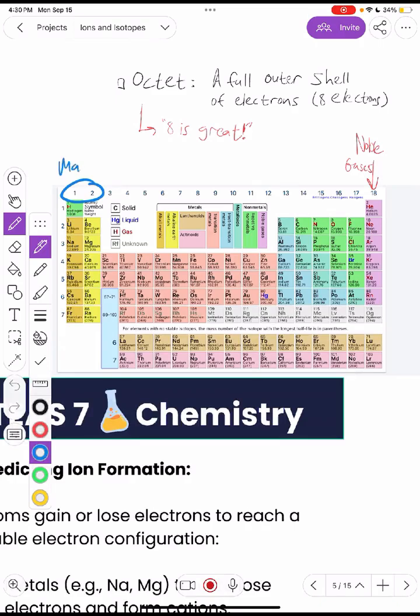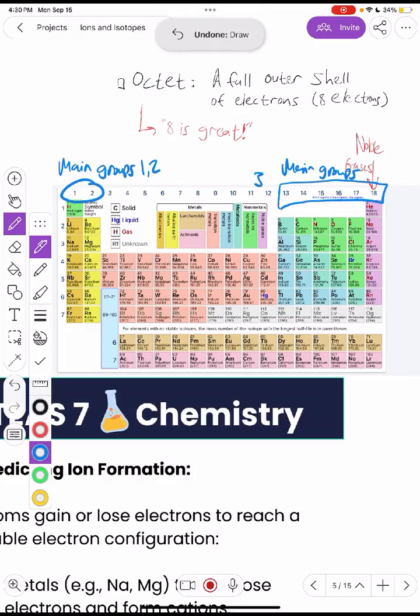These are main groups 1 and 2. And these are main groups 3 through 8.